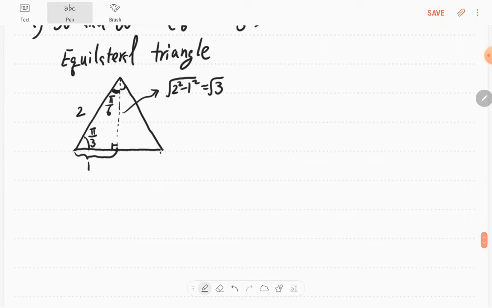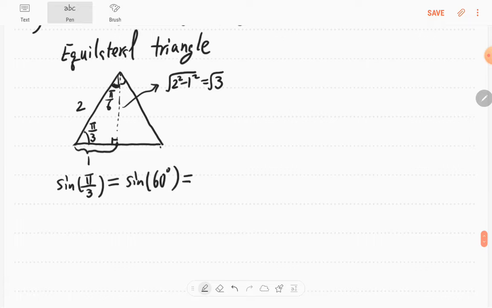Okay, so now let's calculate sine pi over 3, which is equal to sine 60 degrees, right? So the opposite is this height, square root 3, over the hypotenuse, which is 2.